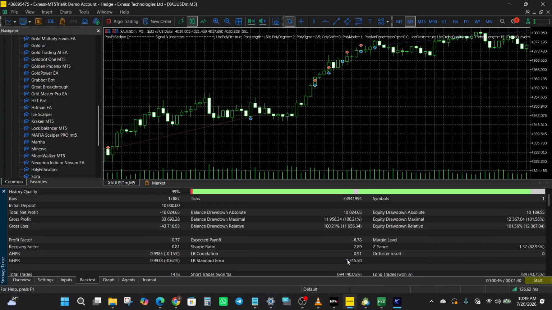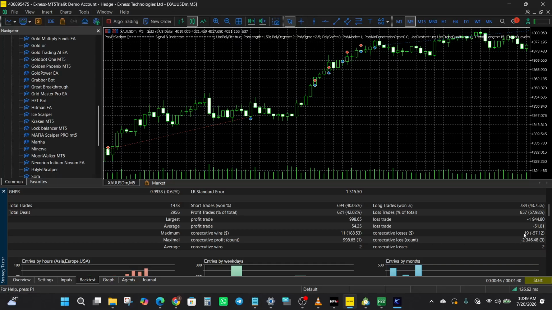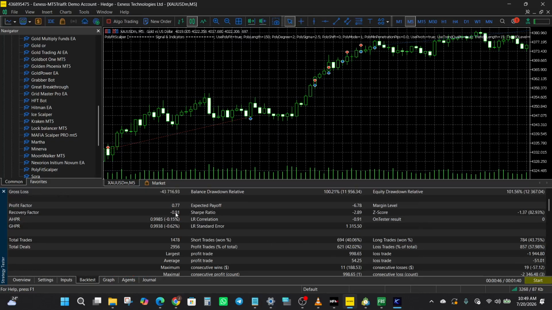Now, the drawdown reached essentially 100% on both a balance and equity basis, we can see. And there was a stretch of 19 consecutive losses. We can see here 19 consecutive losing trades during the test. While the consecutive wins were 11. Now, the profit factor came in at 0.77 and the expected payoff per trade was negative.